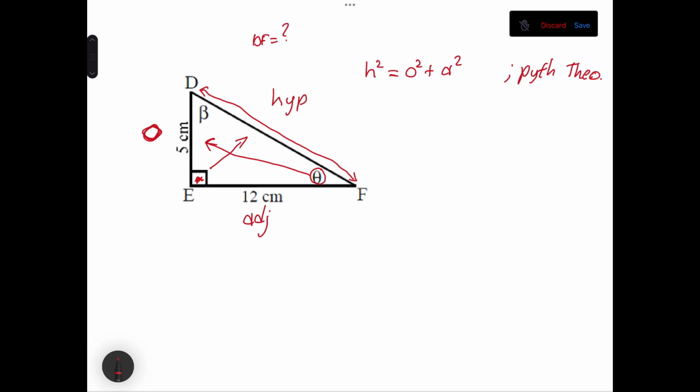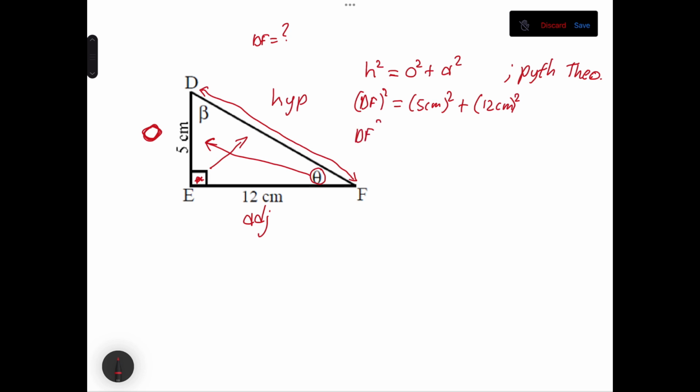So let's substitute. Hypotenuse is DF, which is our unknown, what we want to calculate. Our opposite is 5 centimeters squared, and our adjacent is 12 centimeters squared.